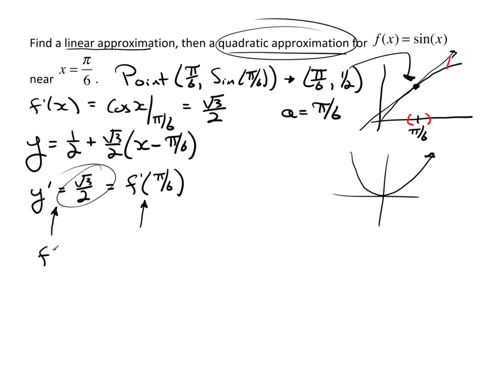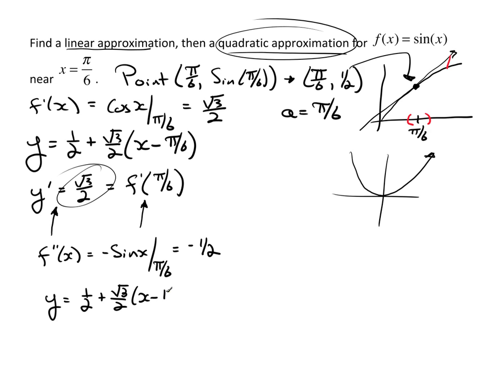So let's take a look at the second derivative, f double prime of x. That's the derivative of cosine, which is a negative sine x, and I will evaluate this at pi over 6. That's a negative 1/2. So what that gives me for a quadratic approximation then is y equals 1/2 plus root 3 over 2 times x minus pi over 6.